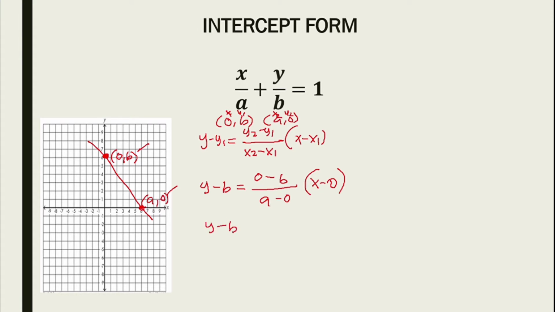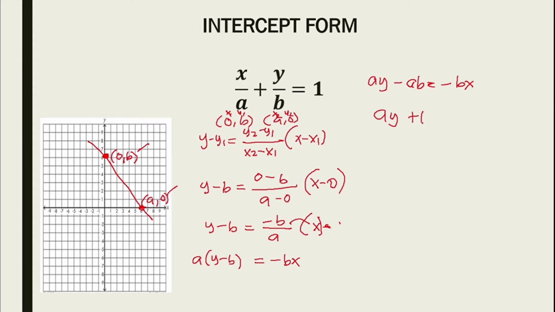So y minus b is equal to negative b over a times x minus 0, that is x only. Cross multiply, so we have a times y minus b is equal to negative bx. So ay minus ab is equal to negative bx. Transpose this one, we have ay plus bx is equal to ab.